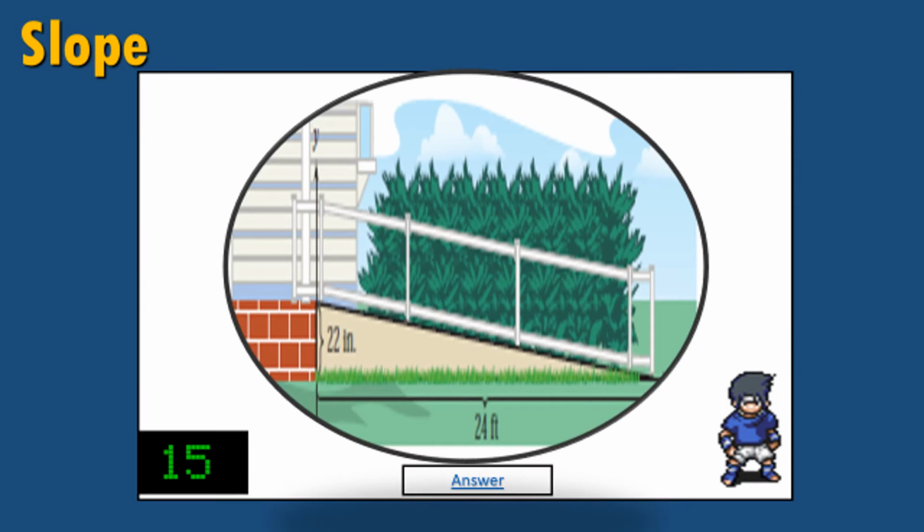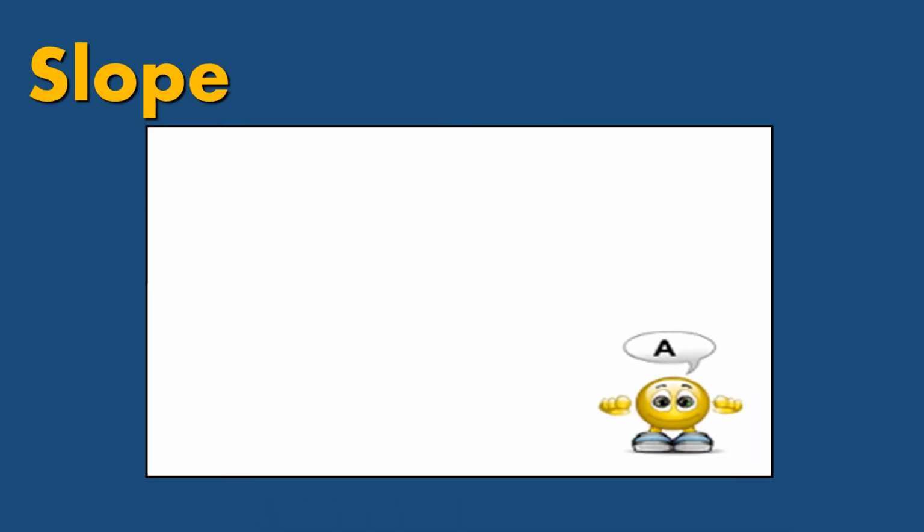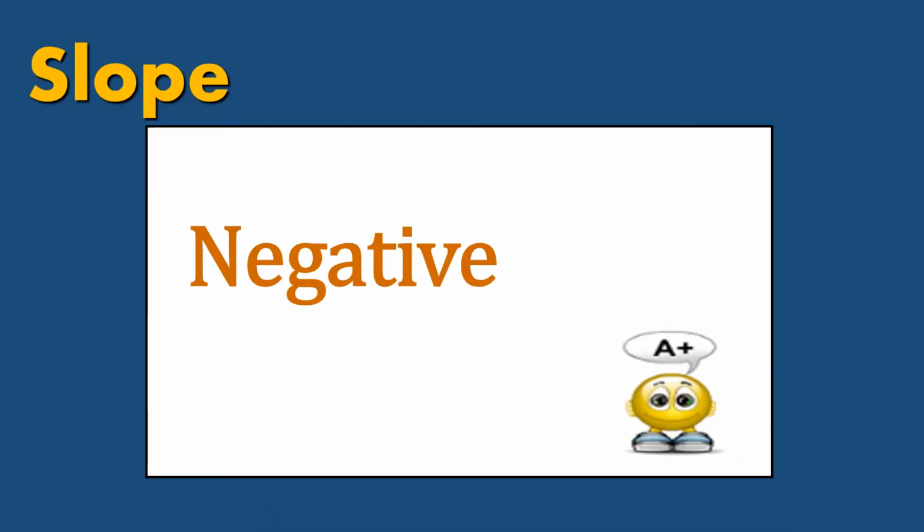How about with this picture? Now, the answer is negative slope.